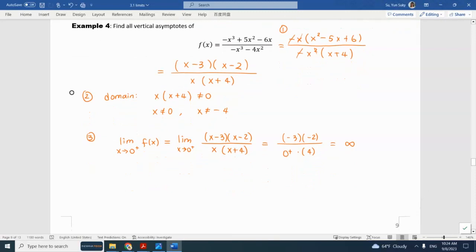All right, next, George, your turn. So x goes to -4 from the right. You also plug in the factor form, right? So let's write it down. Plug in the factor form.